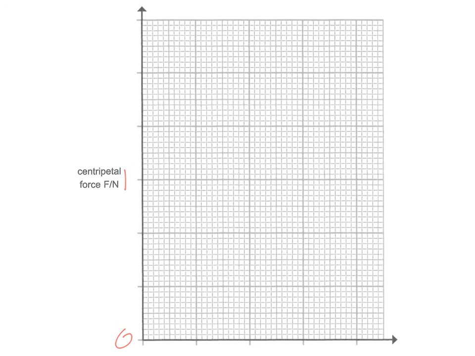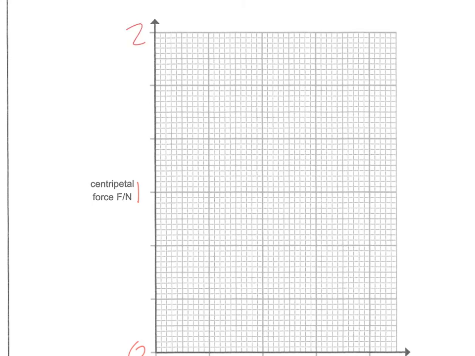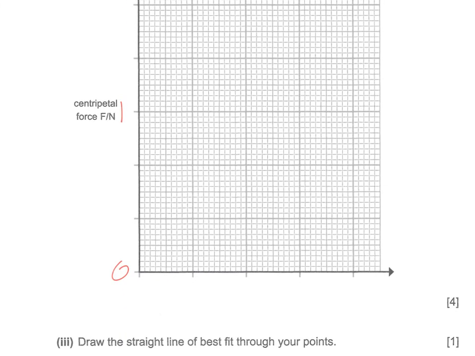So we could go 0, 1, 2 for our forces in newtons, and just have 3 little squares to equal 0.1. And we need to go to 3.2 in the other direction here.